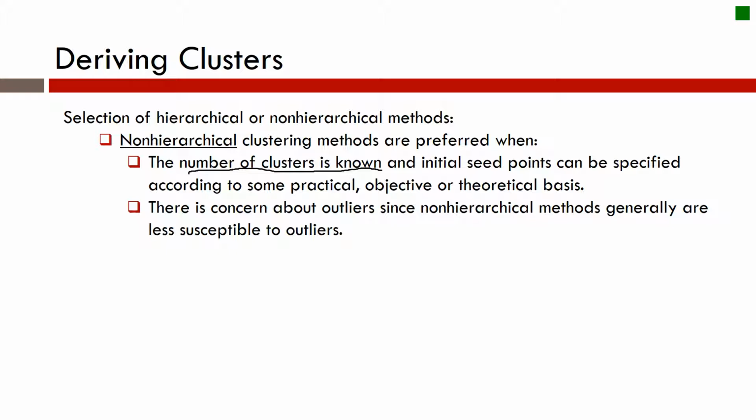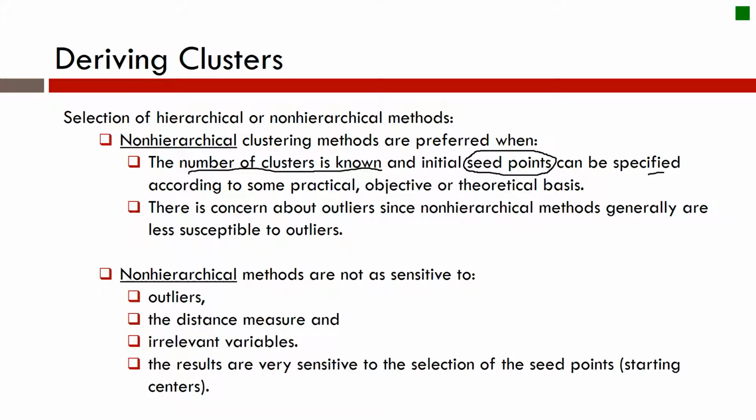There is an idea of what's called a seed point, which would be a starting point for the iterations to begin with. This could be specified, or it could be designed by the software that you're using. We know that outliers can be a concern. However, in non-hierarchical methods, the influence of outliers may be less severe, so they're not as sensitive.